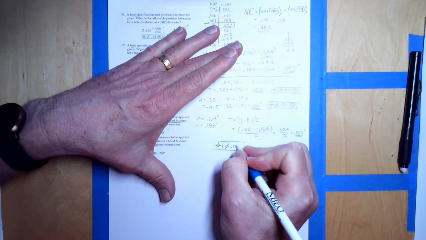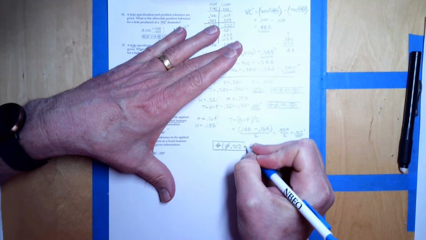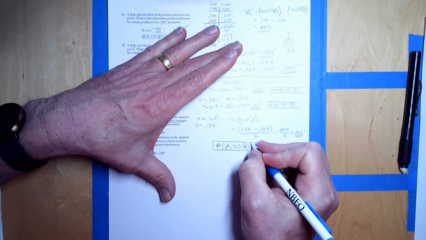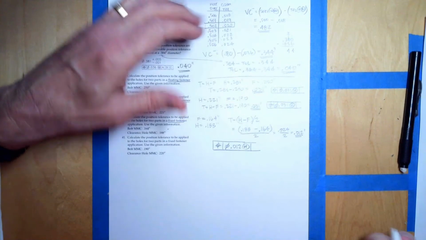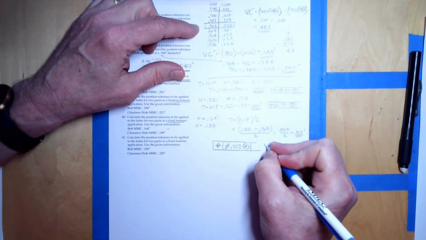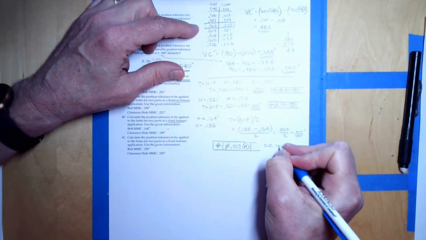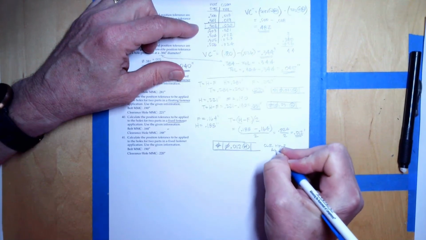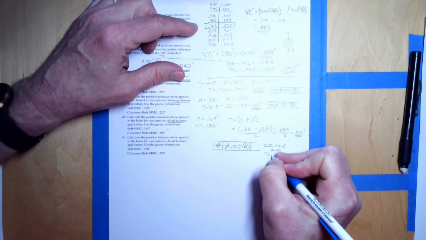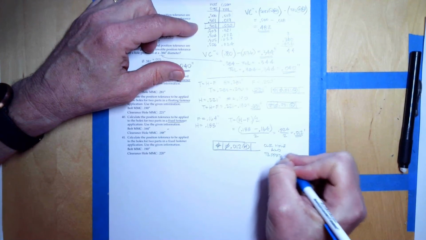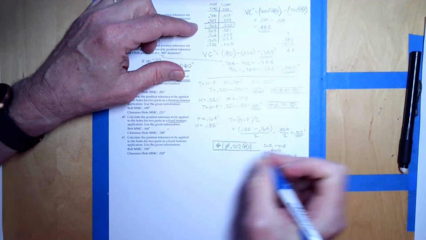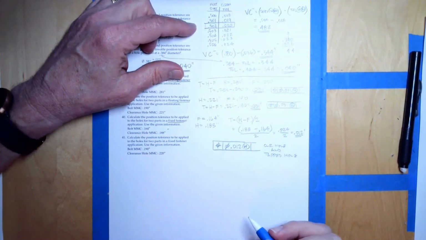Diameter 0.012 at MMC, and then we don't know what the datum reference frame is. So this is for the clearance hole and the tapped hole, the threaded hole. Same feature control frame.